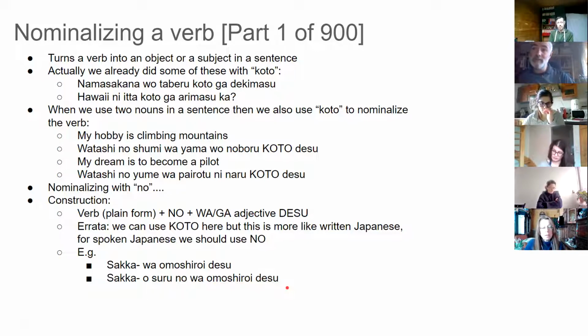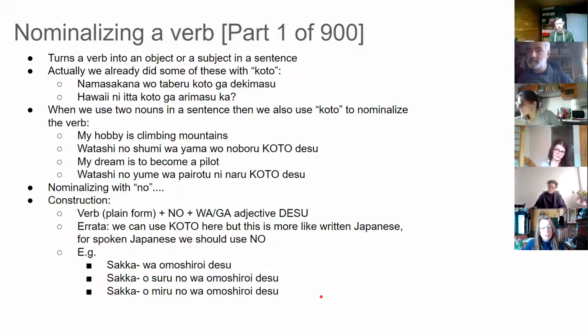Or if I want to say watching football is interesting, then this is soccer o miru no wa omoshiroi desu. So the playing of the football, the watching of the football is interesting. Yeah, neither of course are true, but yeah.